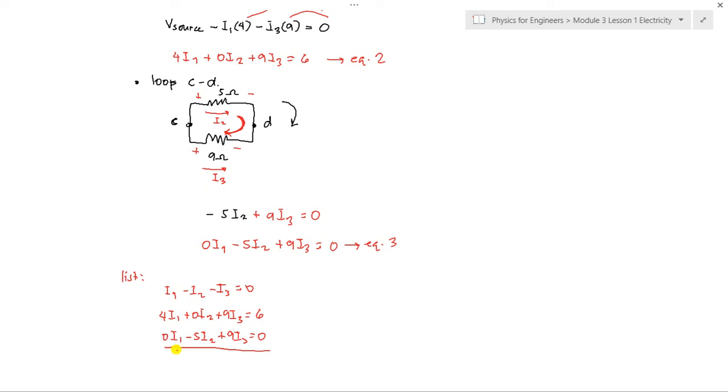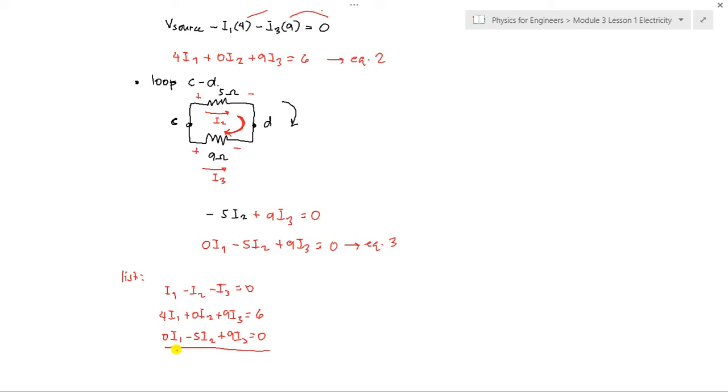So we input the coefficients of every variable: 0, then 9, then 6, then 0, negative 5, then 9, then 0.